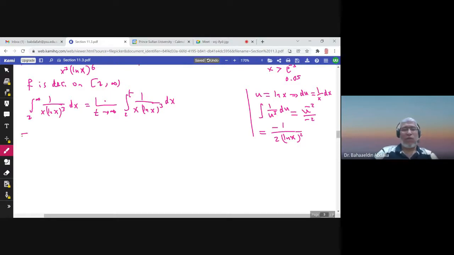So this would be the limit of negative 1 over 2 (ln x)^2 from 2 to t.